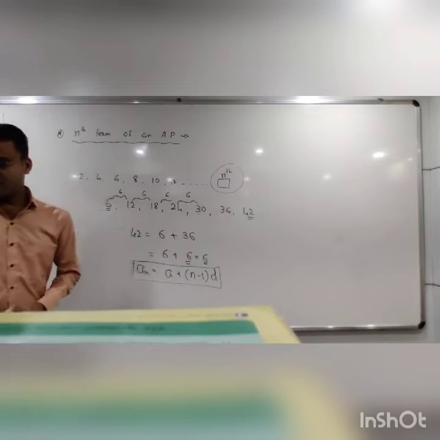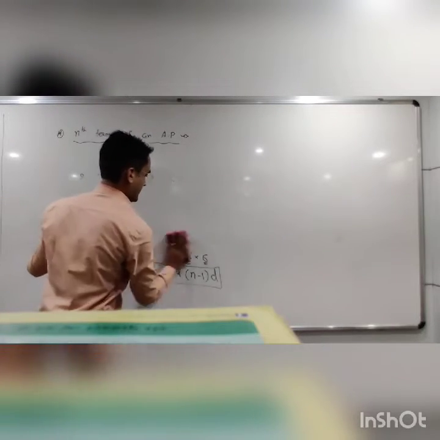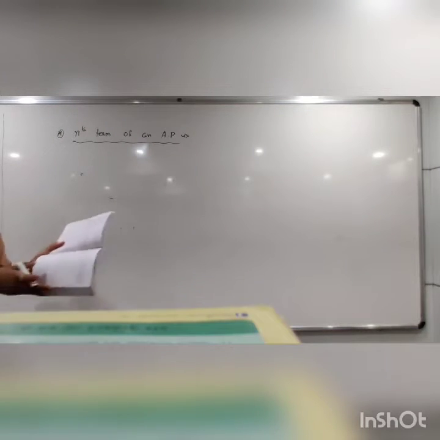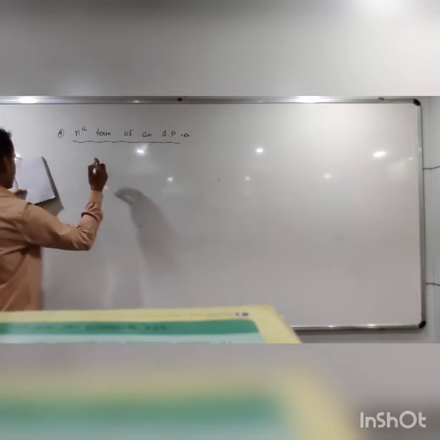So write down, give the heading nth term of an AP. Write down the formula. This is very important because we have to do the entire chapter based on this formula.